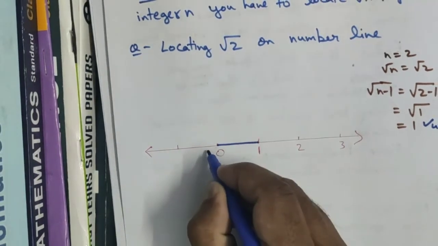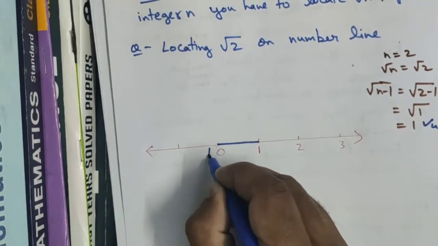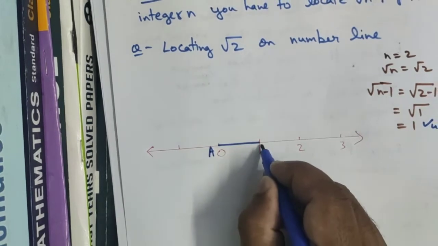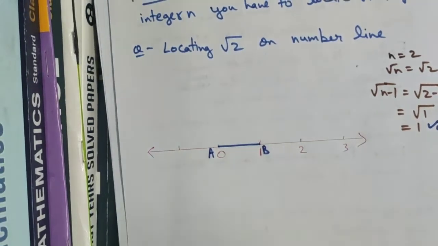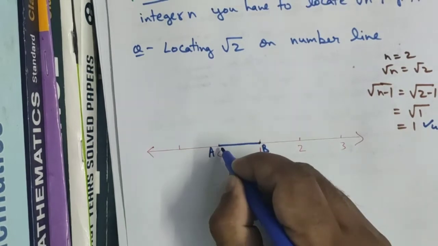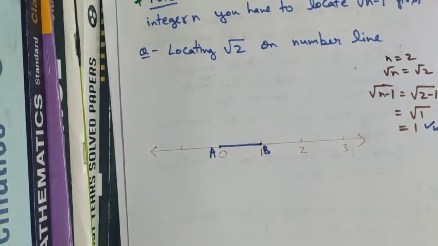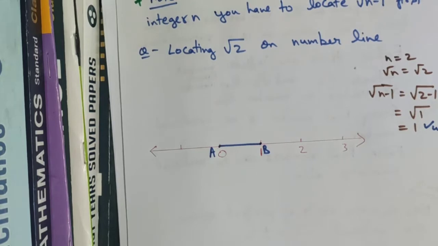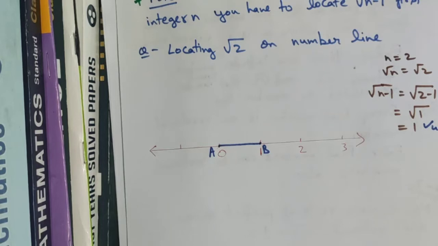I suppose I have taken this as point A and this as point B. Now from point B we have to draw a perpendicular.